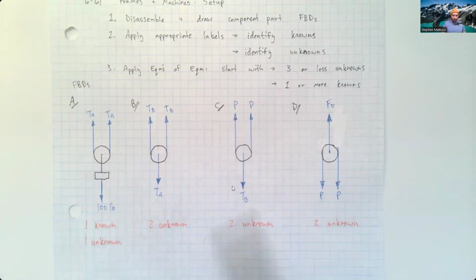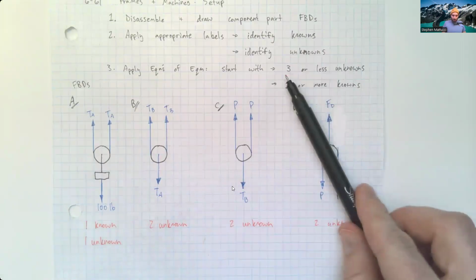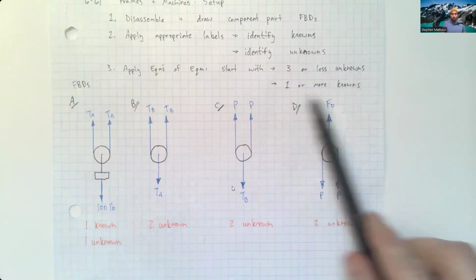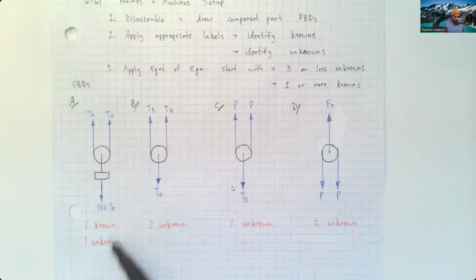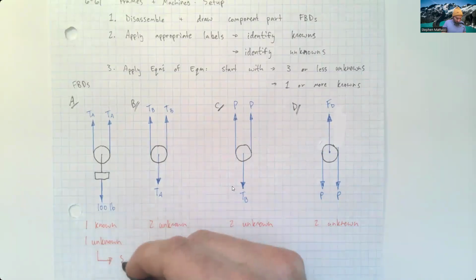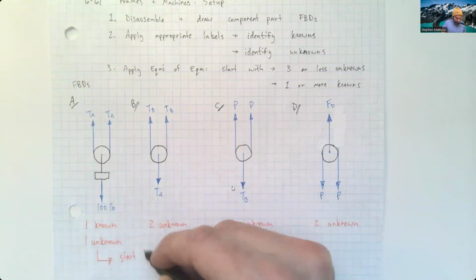And so like we said up here, we have to start with one that has three or less unknowns. Well, all of them have three or less unknowns, but it also must have one or more knowns. This is the only thing we know, this 100 pounds. So we're going to start here.